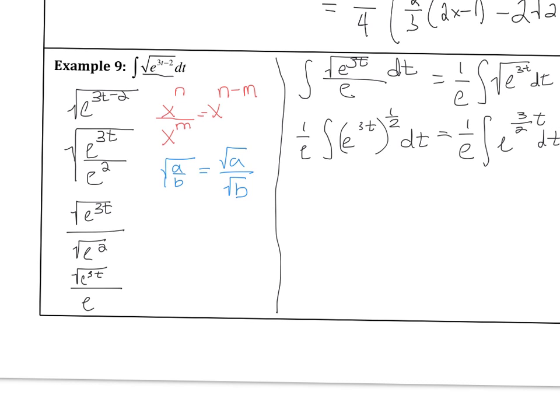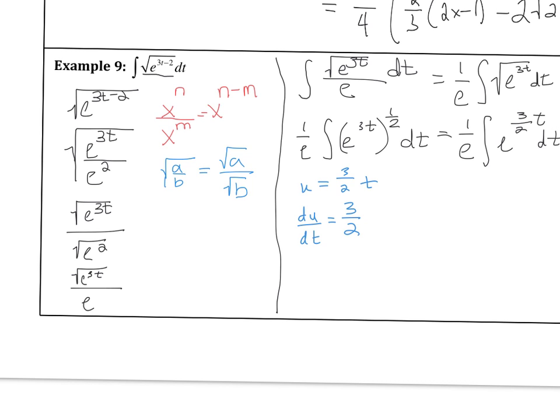Okay, so now might be a good time for a u sub, because I can integrate e to the x. That's easy. Integrating e to the 3/2 x, I don't know. So let's call u 3/2 t. And then in this case, du dt would just be 3/2.